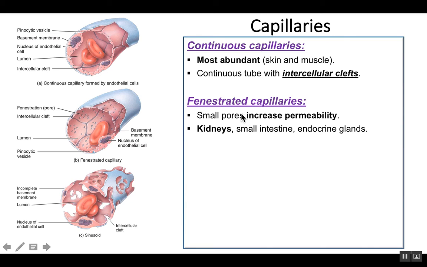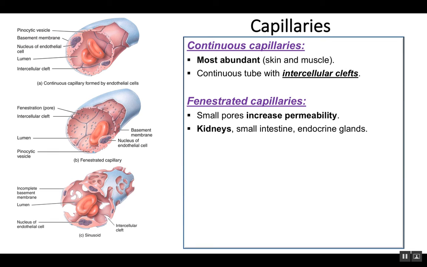I want to focus on the kidneys because I think we can better understand why. Kidneys filter your blood. Their most important job is to remove waste from your blood and remove anything that you have in excess from your blood. And in order to do that efficiently, the kidney has fenestrated capillaries.